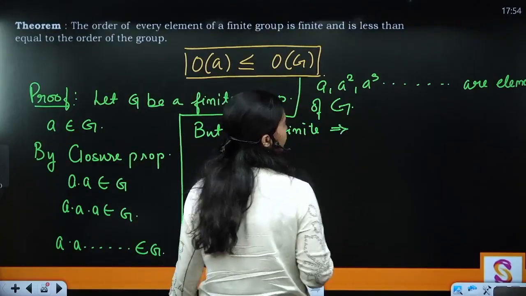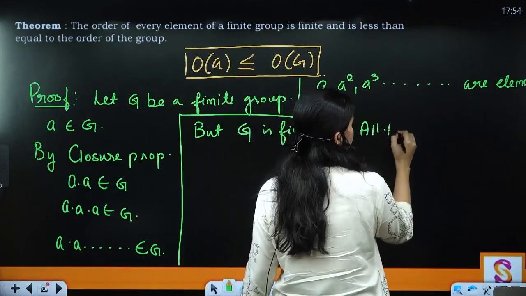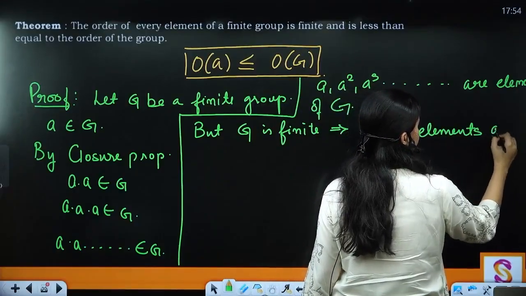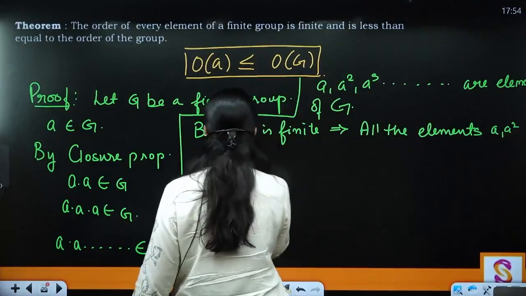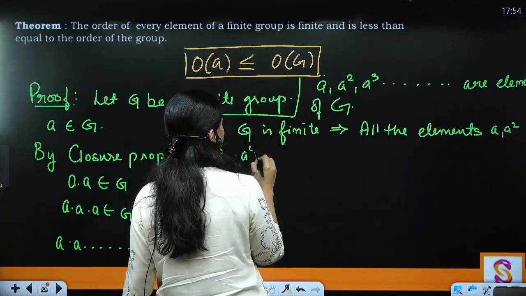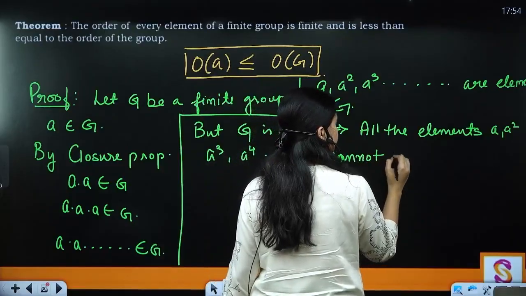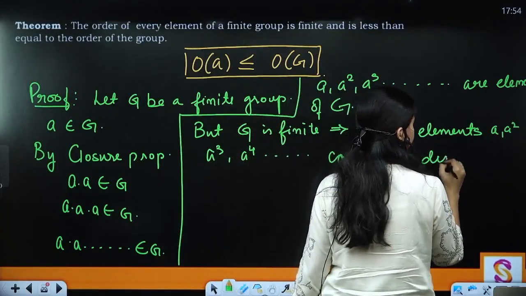This implies that all the elements A square, A cube, A to the power 4 and so on cannot be distinct, right?